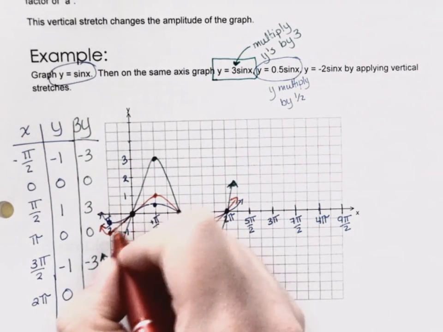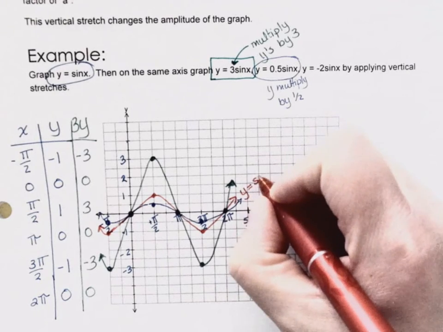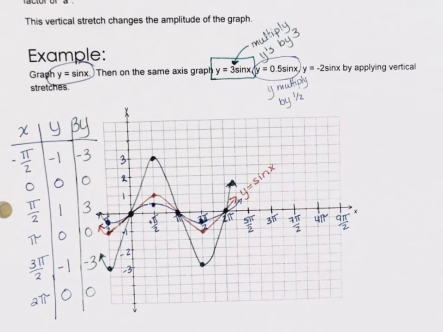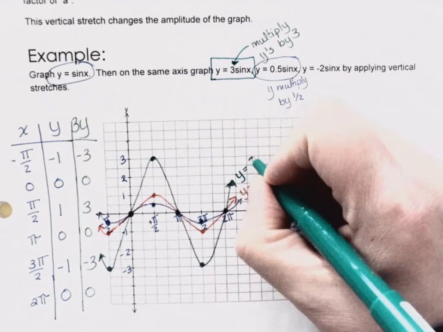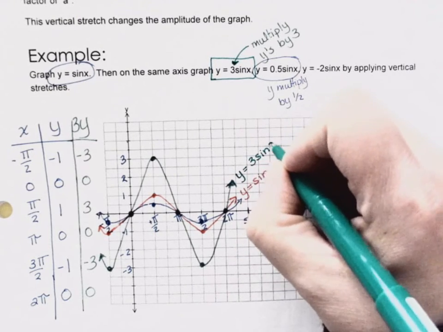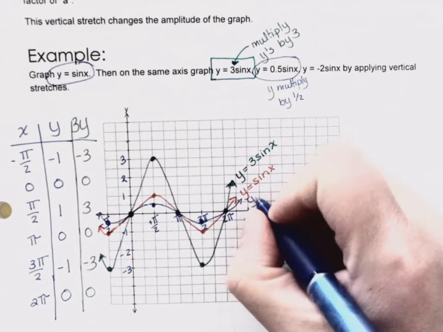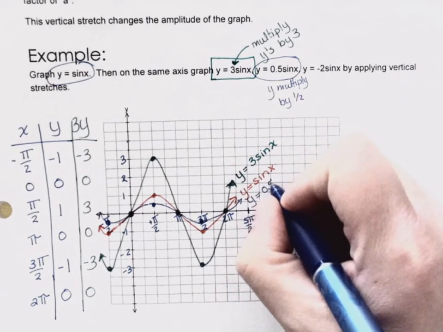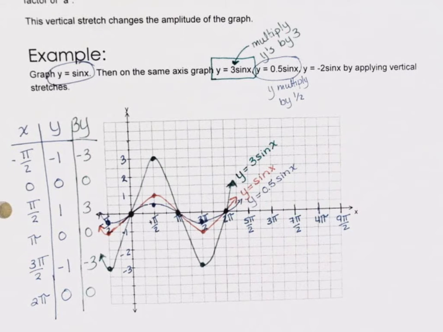Let me fix that. There we go. Okay, everything's good now. So this is y equals sine x, my red one. My green one is y equals 3 sine x. My blue one is y equals half sine x.